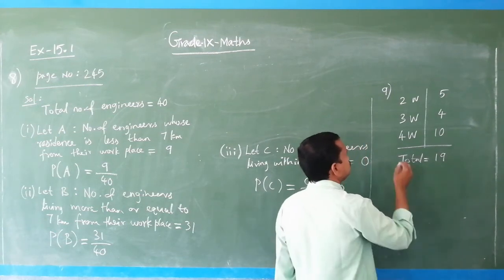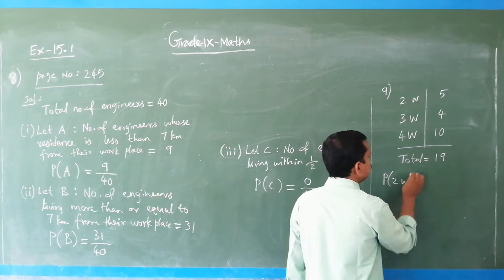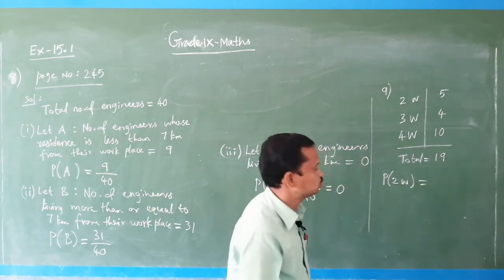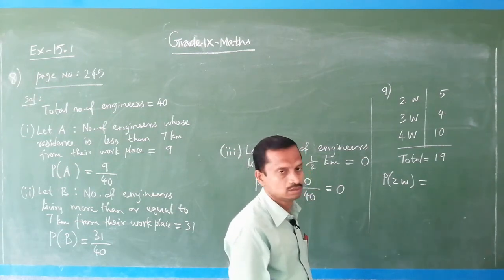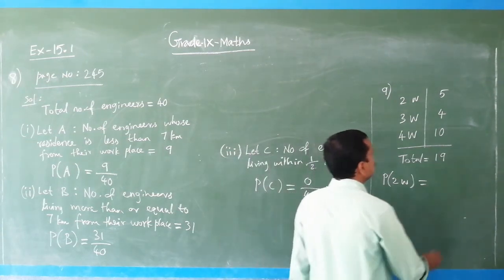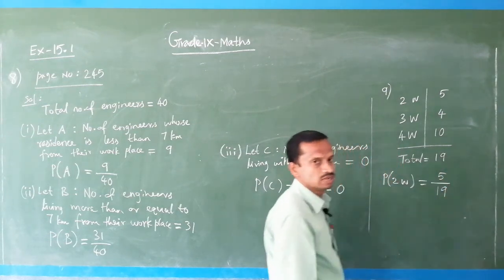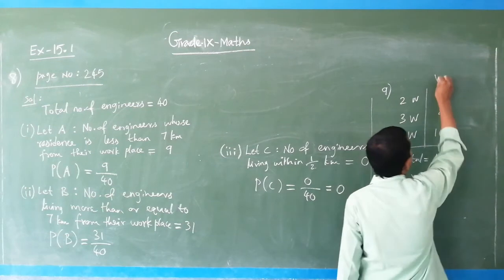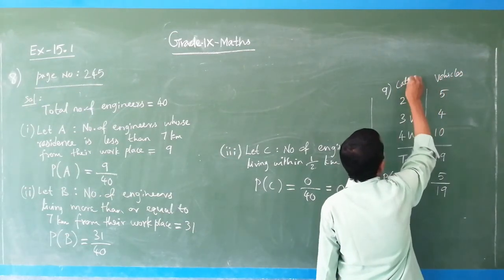So the probability of a 2-wheeler passing through your street in that interval of time is 5 divided by the total vehicles, 19. So you consider this as vehicles and this as category.